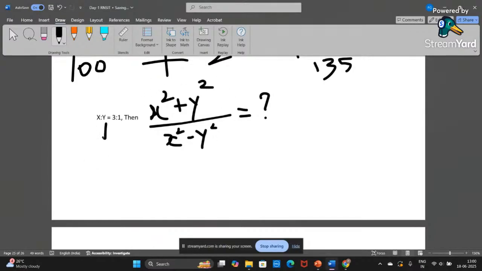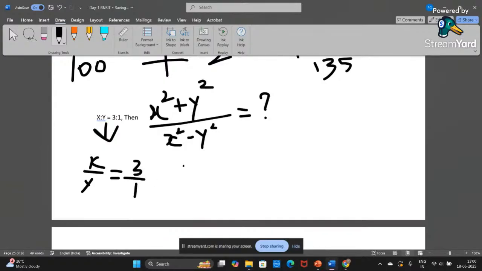So this we can write as x by y equals 3 by 1.